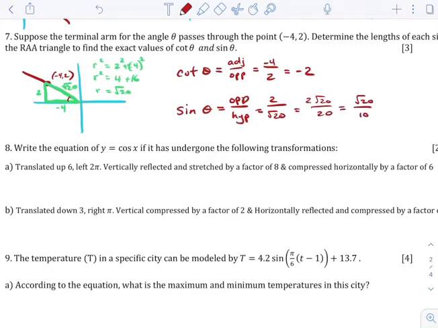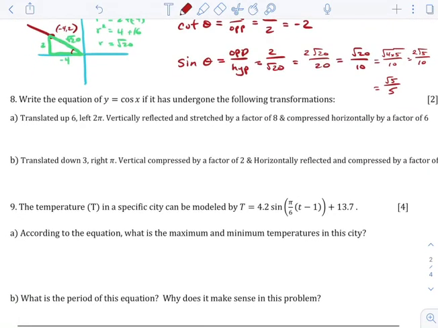I can even reduce that more because I know root 20, if you want to simplify it, is root 4 times 5. I know I can take the square root of 4, which is 2. And 2 goes into both those numbers as well, so I'd have root 5 over 5. Something like that. That'll be simplified as well. All are equal to the same. This one is the most simplified because we've broken it down as much as possible.